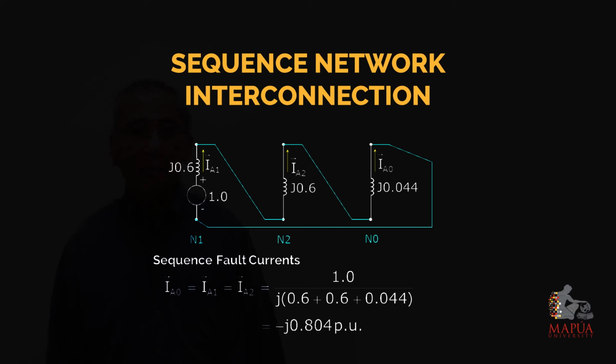So we now have Ia0 equal to Ia1 equal to Ia2 equal to 1.0 divided by the sum of these sequence reactances: 0.6 plus 0.6 plus 0.044, and that gives us a magnitude of negative J0.804 per unit. So these are the sequence fault currents flowing to the faulted point.